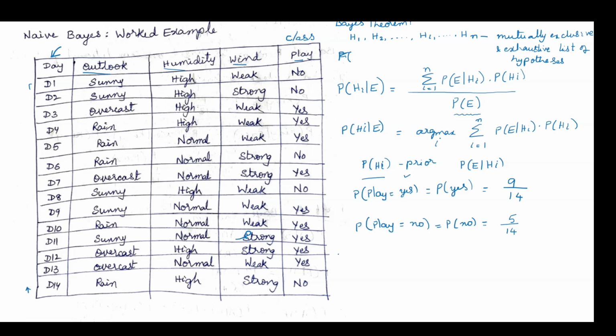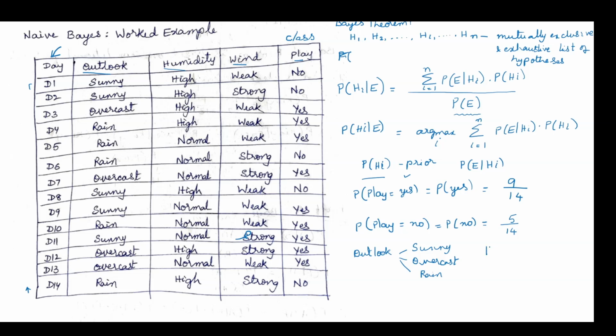Now if we look at the evidences, we have evidences in the form of feature values. You got outlook taking on values sunny, overcast and rain.